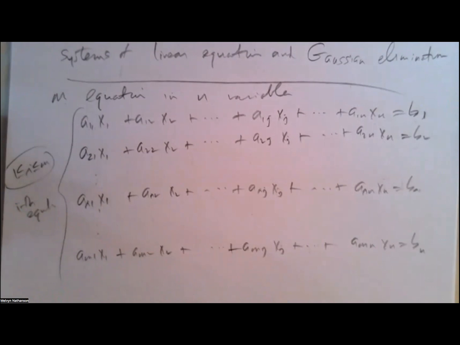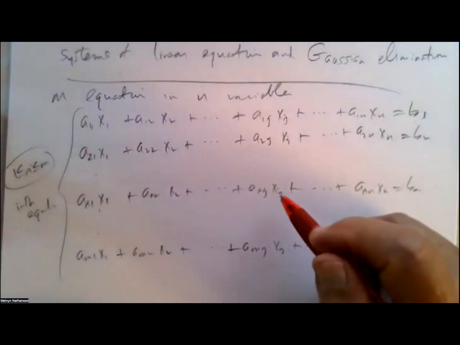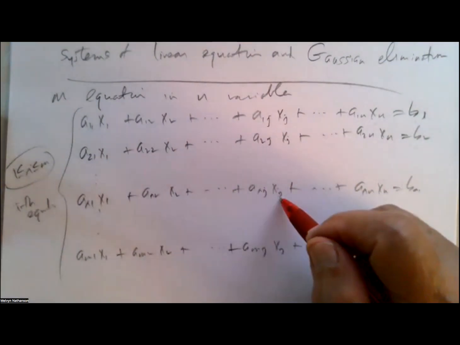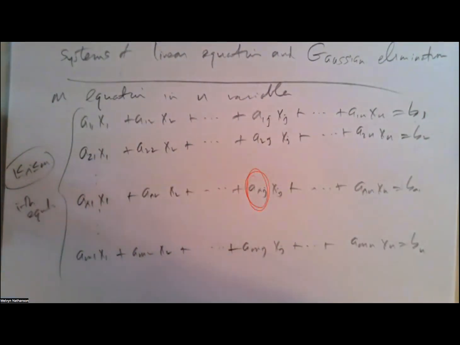The labeling of the subscripts is standard, it's important, and you have to always get it right. If you're looking at the ith equation, and in that equation the jth variable, the coefficient is always written as aij. i is the equation number, j is the variable number.